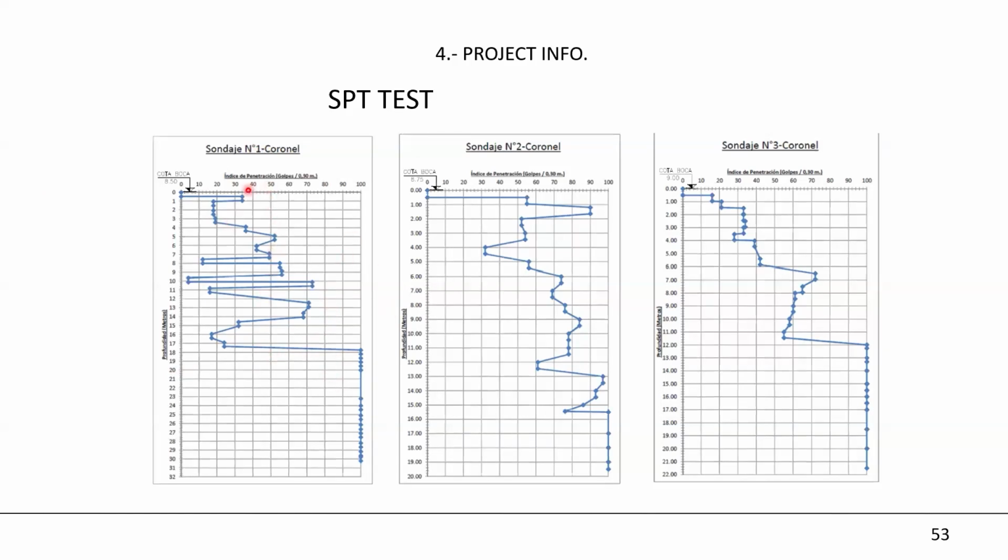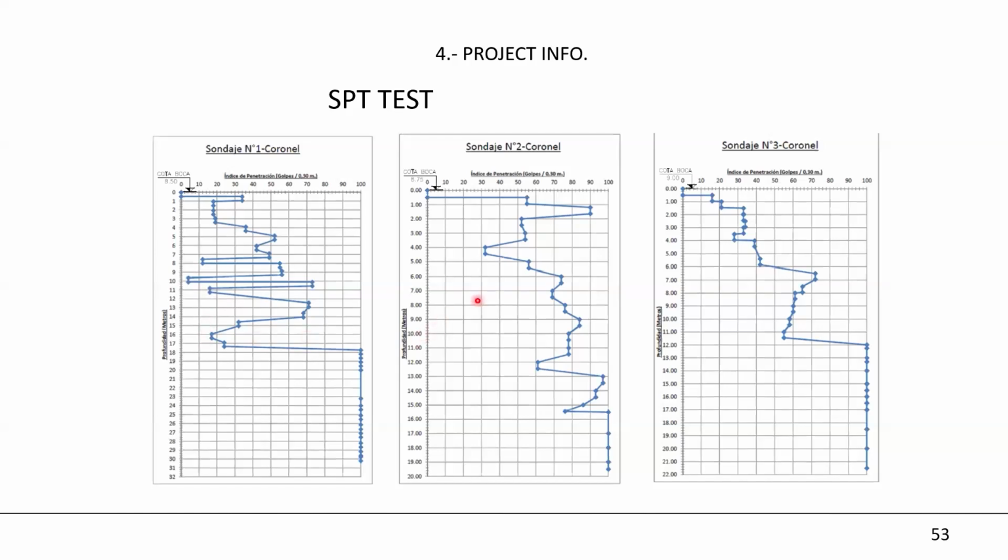And when we review that, in boreholes 2 and 3 the SPT values are very high. But when we review the first one, the SPT is less, like at 7 meters, 10 meters, 11 meters, and 16 meters.